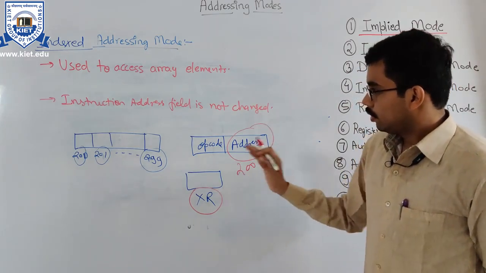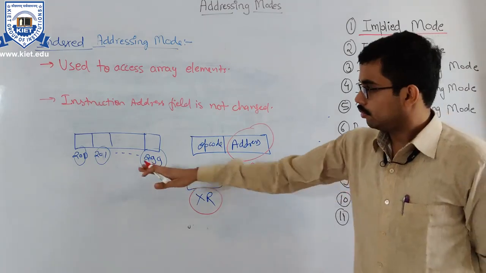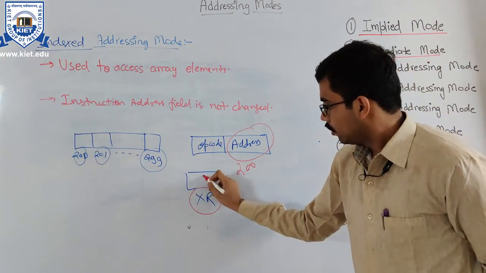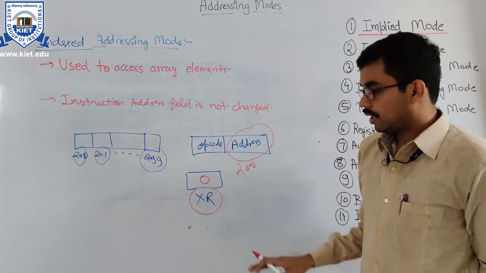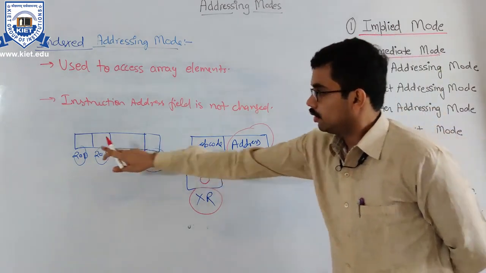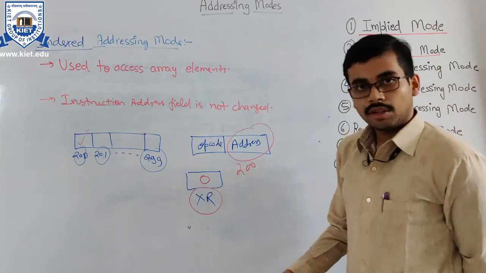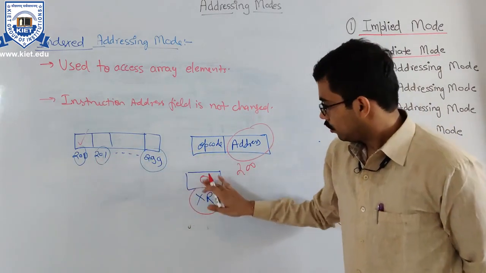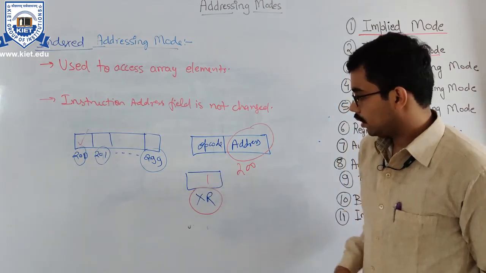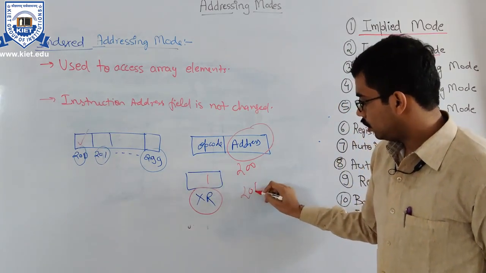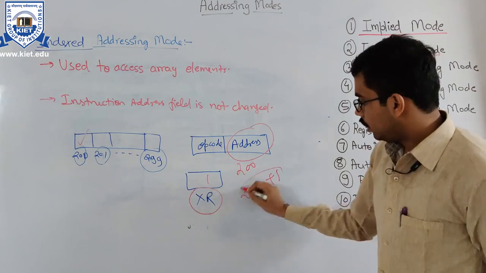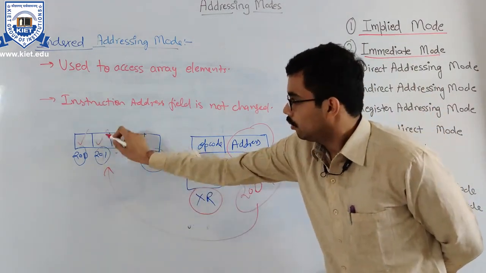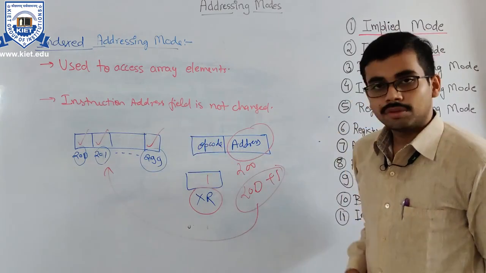Suppose we have to fetch the element at 200. For that we give XR the value 0, go to that element and fetch it. Now again we have to go to 201, so we update XR to 1, it adds 200 plus 1, and the effective address will be 201, which points to the next element and it is fetched, and so on up to 299.